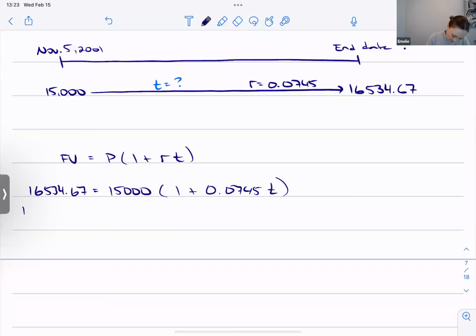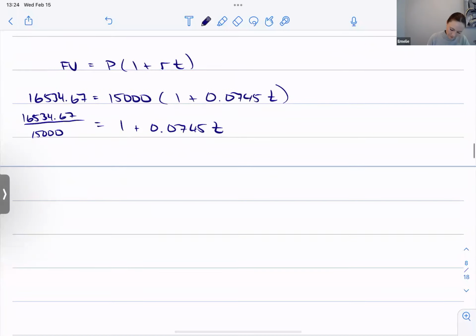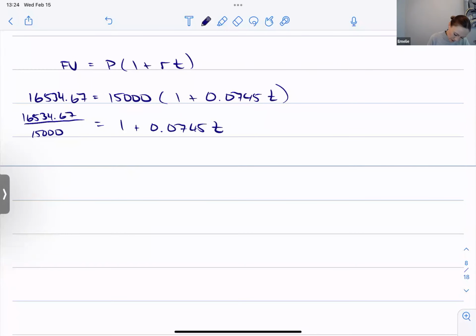Rearranging this, I get 16,534.67 divided by 15,000 is 1 plus 0.0745 times t. So I get 16,534.67 divided by 15,000 minus 1 is 0.0745 times t.